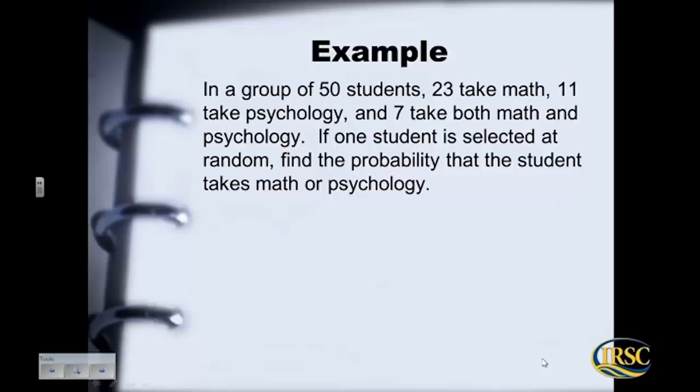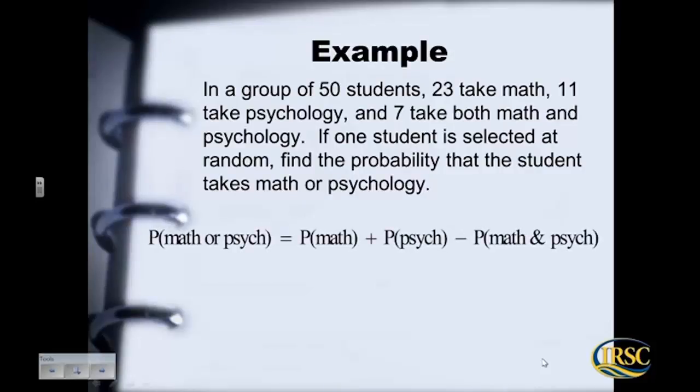All right, so working out our formula, the probability of math or psych means that you want to take the probability of math plus the probability of psych and subtract the probability that they're taking both math and psych at the same time. Okay, what is the probability that a student takes math? 23 over 50, good, because there are 23 total students who take math.